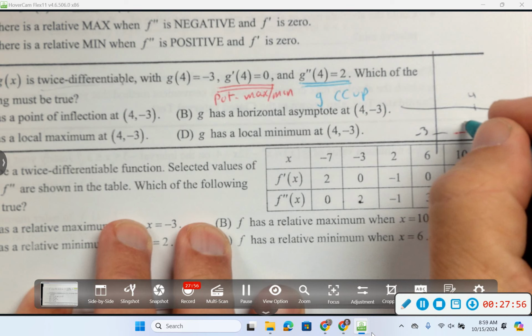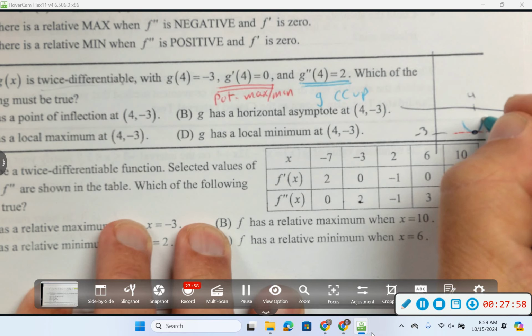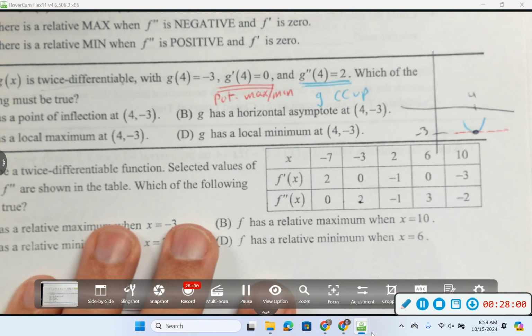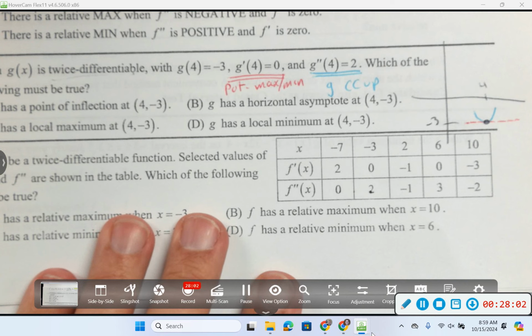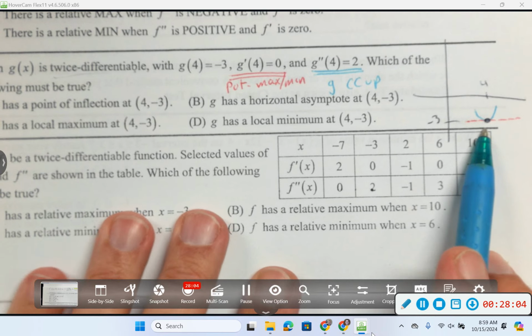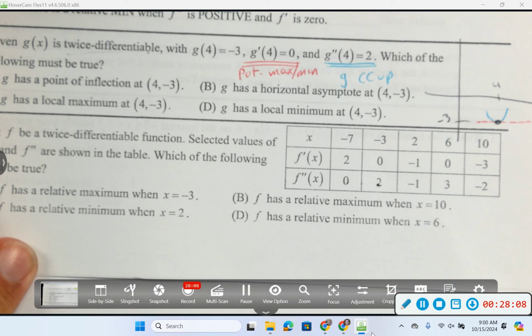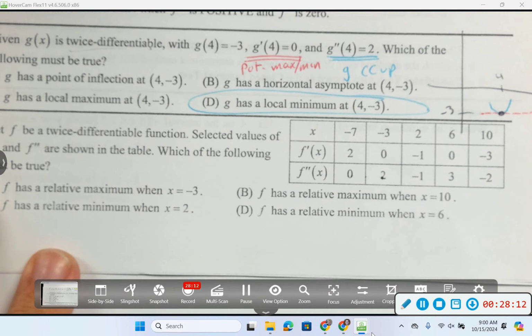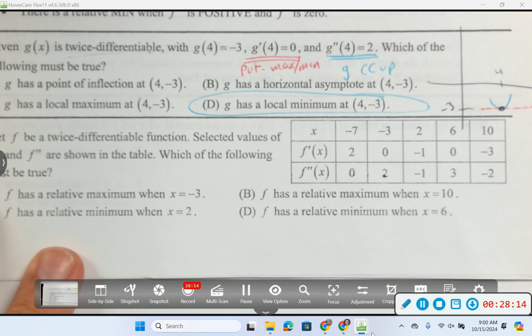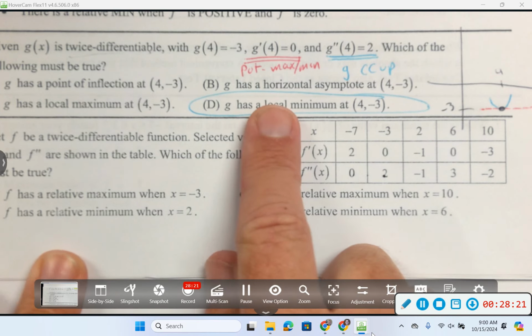So I don't know what this looks like, but it's concave up and it's a flat spot. Oh, well, I think I just answered the question here. That means there's a local minimum there. So this type of question is almost zero computation. It's all conceptual, understanding what they give you.